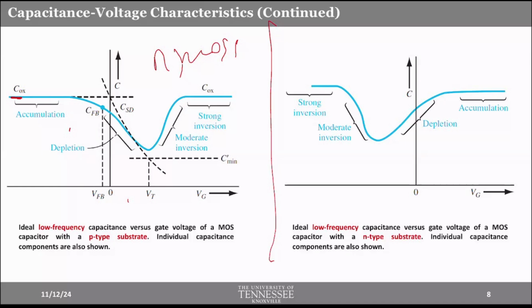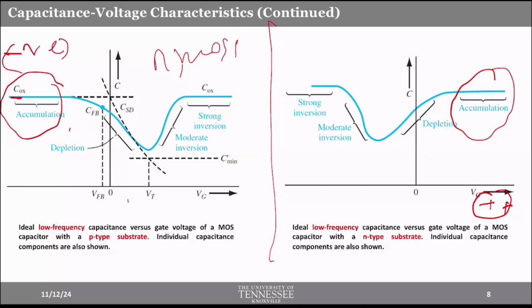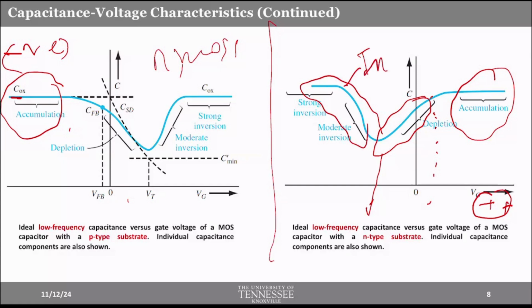So for a high positive voltage, we have an accumulation layer, just like in NMOS. Then when we apply a small negative voltage, we have the depletion region. And when we apply a large negative voltage, we have inversion. So it is basically a symmetric arrangement like an NMOS.